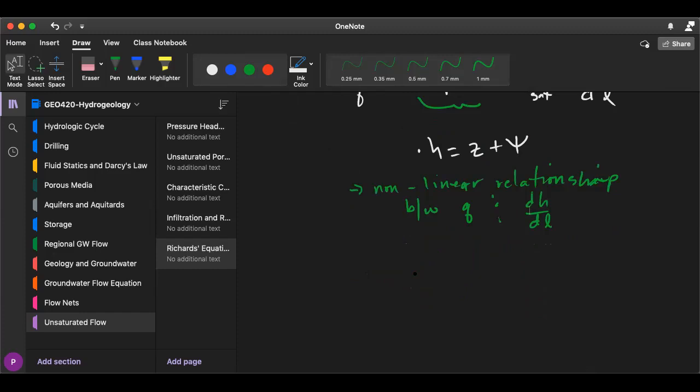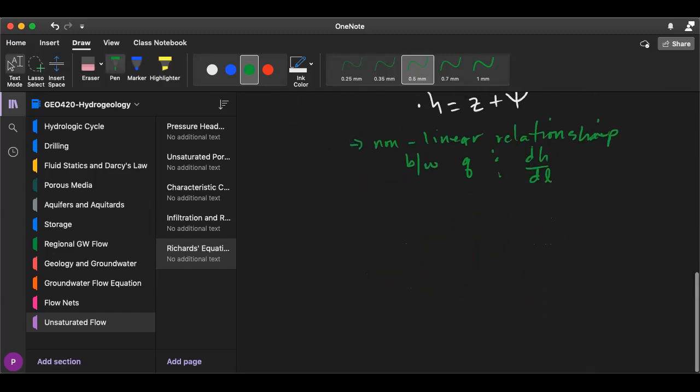Okay, so I'm just going to present Richards equation here without deriving it.